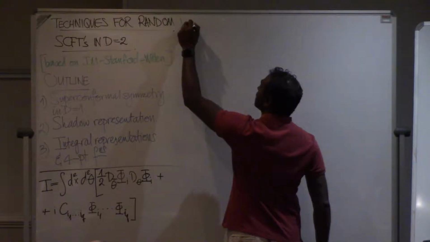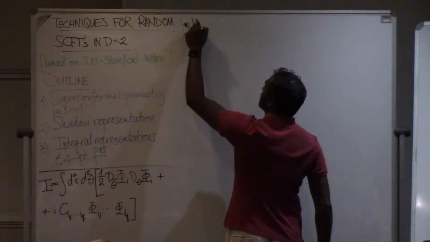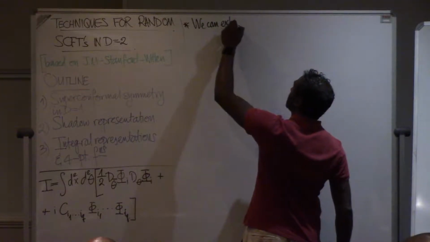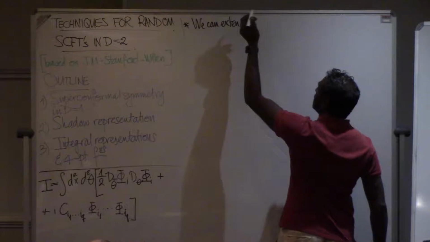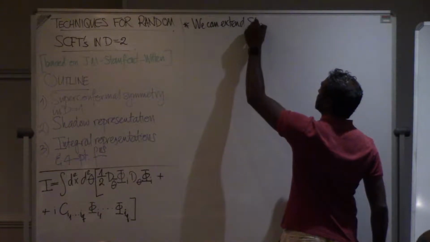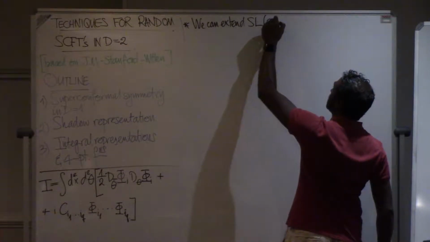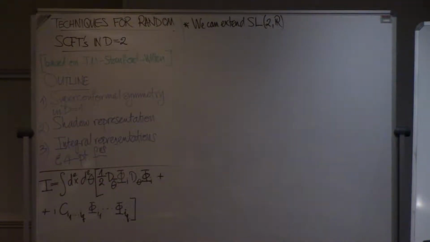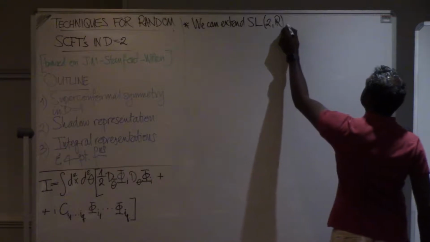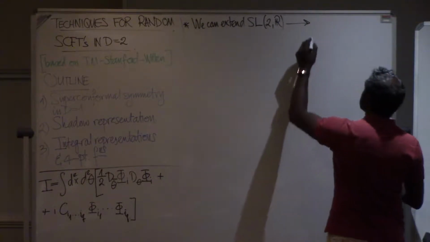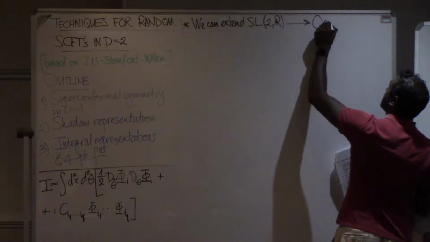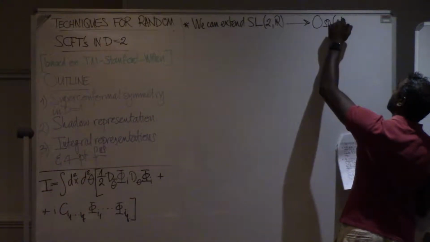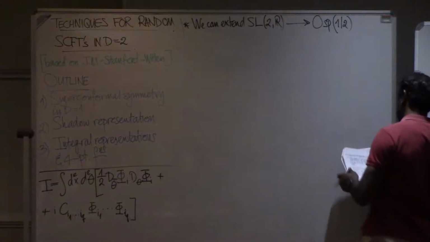So we can extend the conformal group SL2R to the superconformal group OSP 1/2 in one dimension.